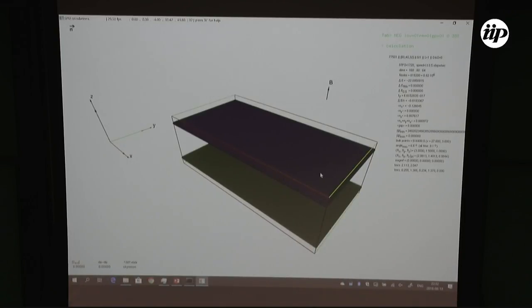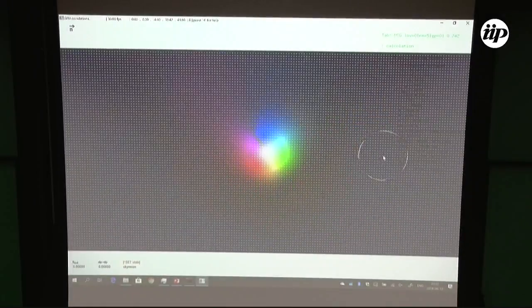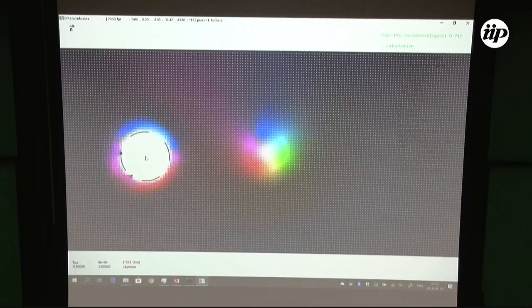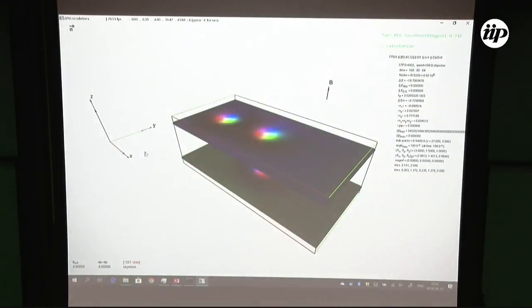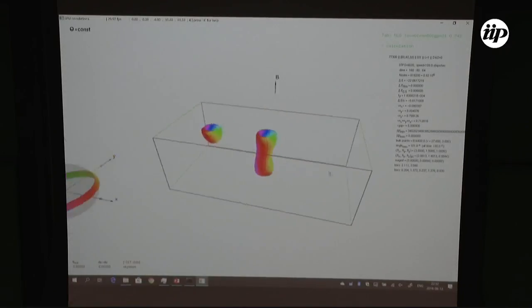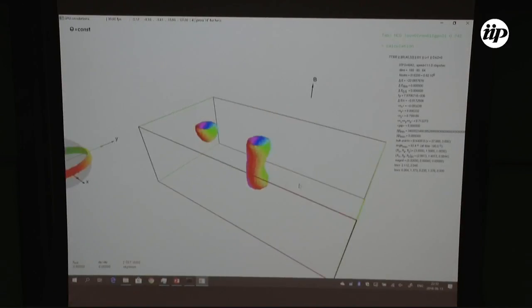And in this calculation, we will also include dipole-dipole interactions, in other words, the stray fields or demagnetization fields, to be as realistic as possible. So let me create the skyrmion and also the chiral bobber. So I will try. Okay, so we have a skyrmion and a chiral bobber.